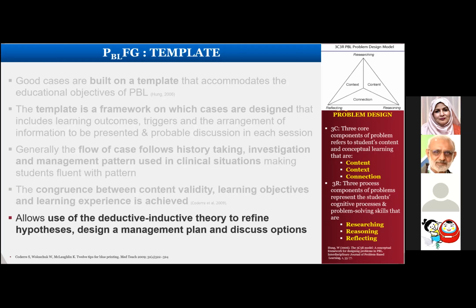That really helps the students go through what actually happens in real life as well, that the clinicians keep on revising their regimens, they keep on revising the way they are dealing with the case. So it's almost the same sort of situation for the students.